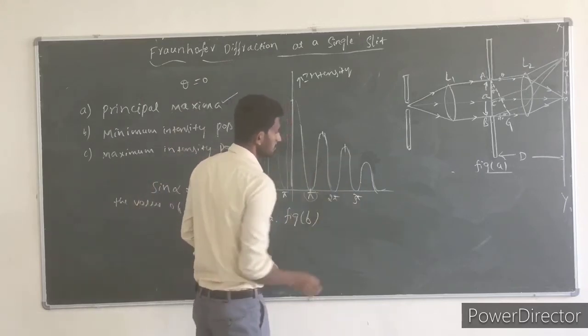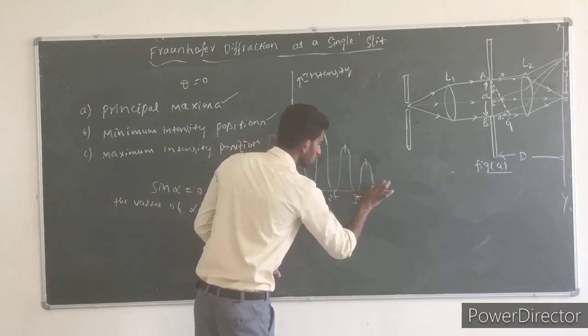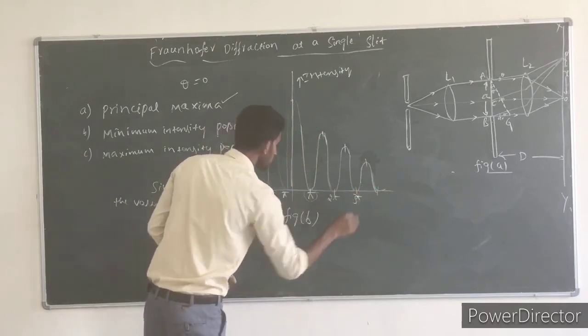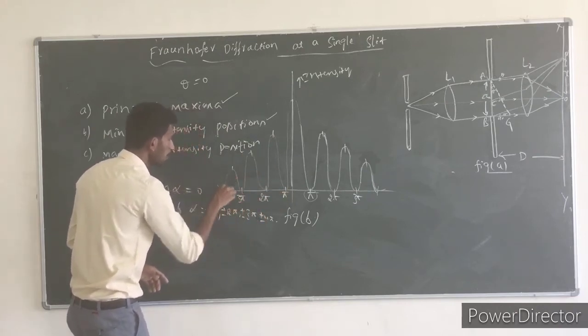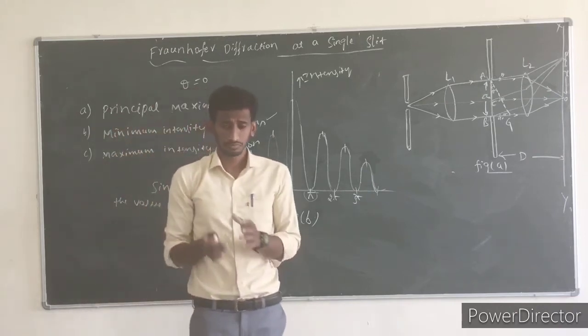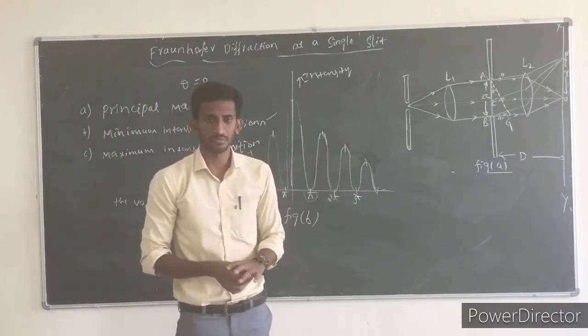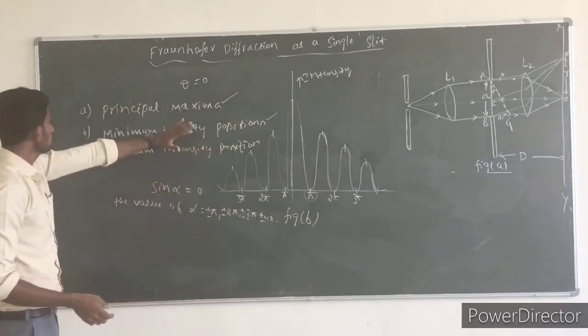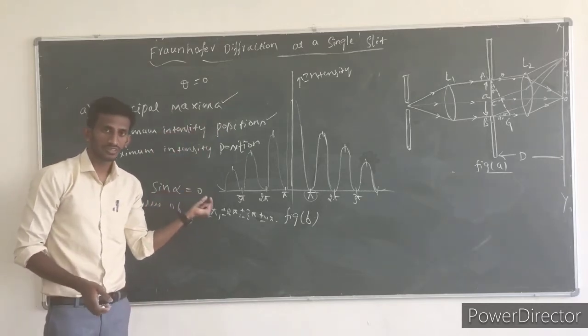Again this is secondary maximum, secondary minimum, secondary maximum, secondary minimum, like that. See, these are the maximum and minimum which are placed on either side of the central or principal maximum. So we get minimum intensity positions only when sin alpha is equal to 0.